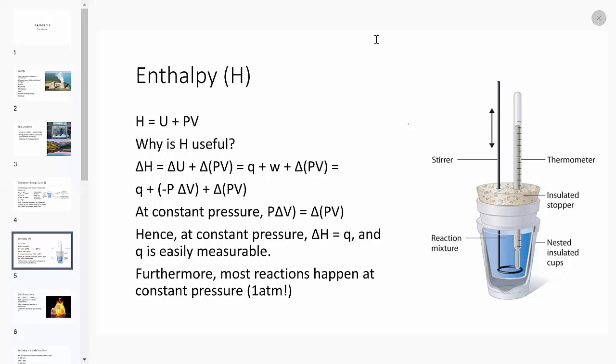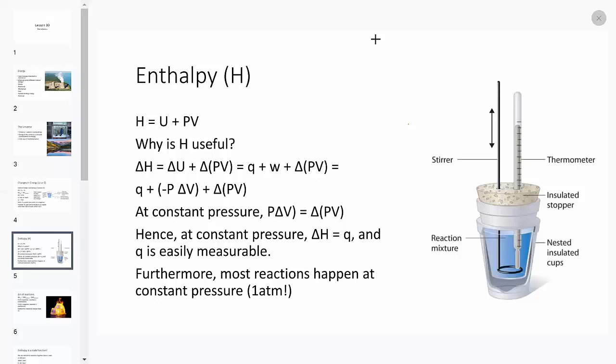So we do this derivation: delta H equals delta U plus delta P times V, and then delta U, remember, equals Q plus W, and then W equals negative P times delta V, and then this stuff and this stuff cancels out. So we have delta H equals Q at constant pressure. And most reactions happen at constant pressure. Most reactions happen at 1 atmosphere.